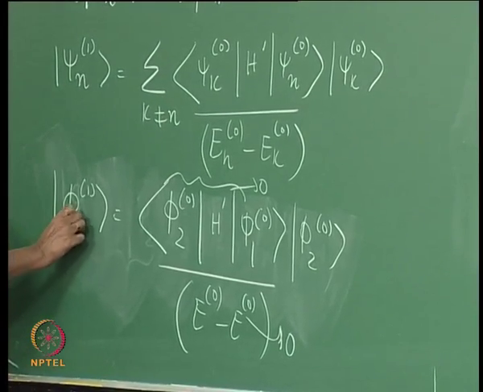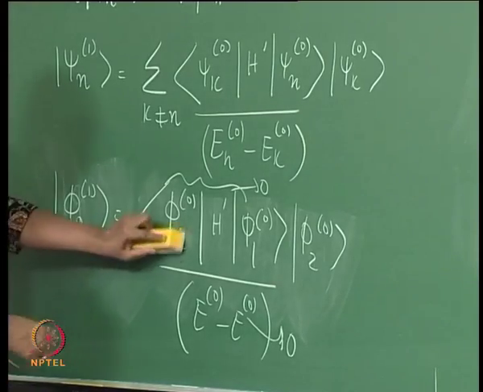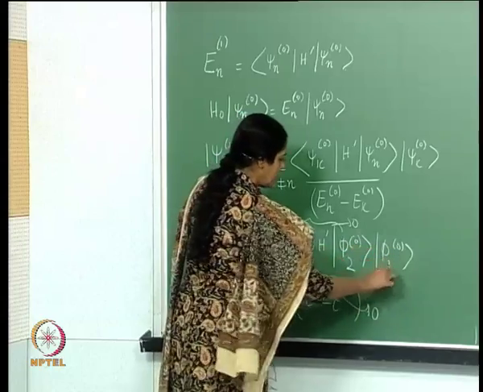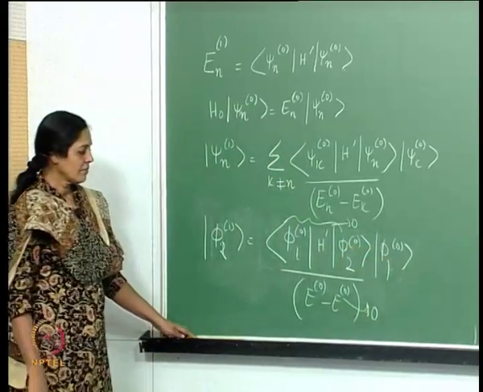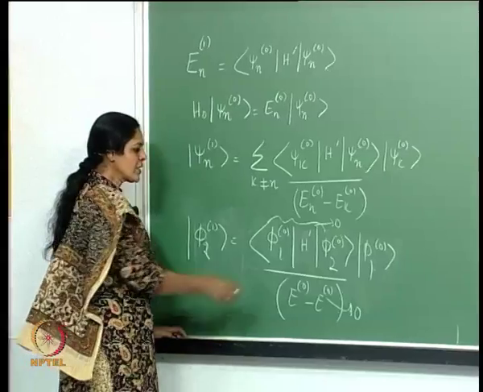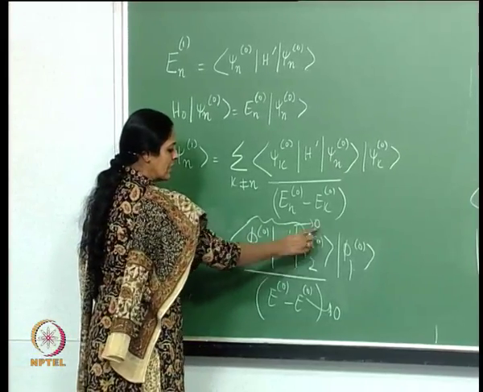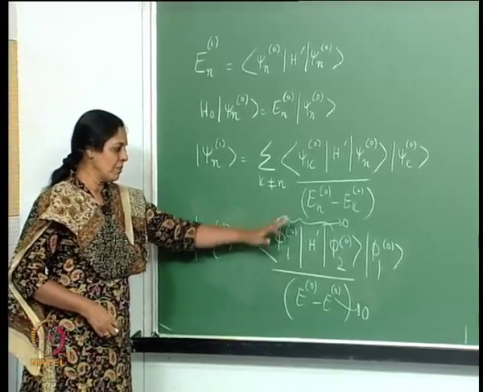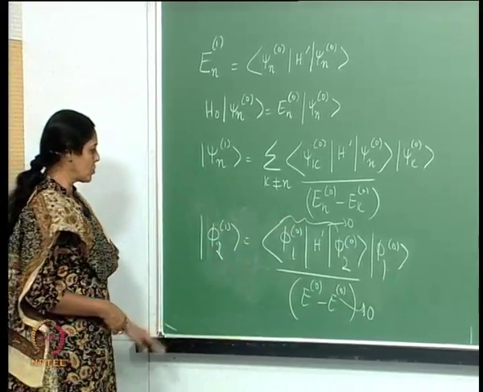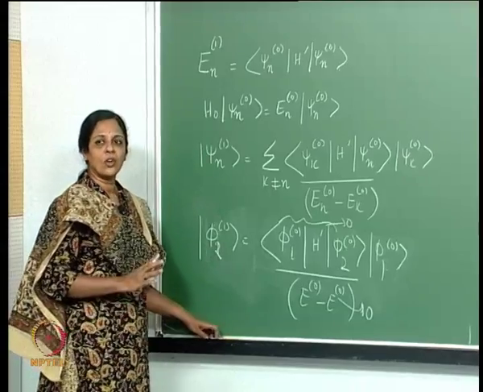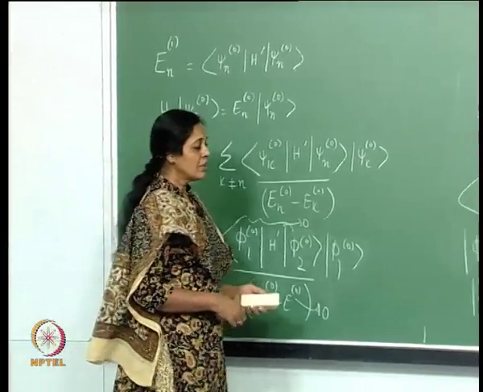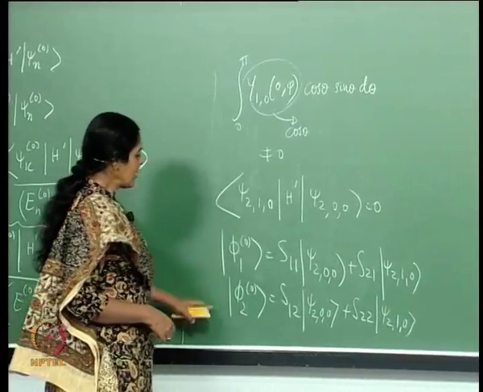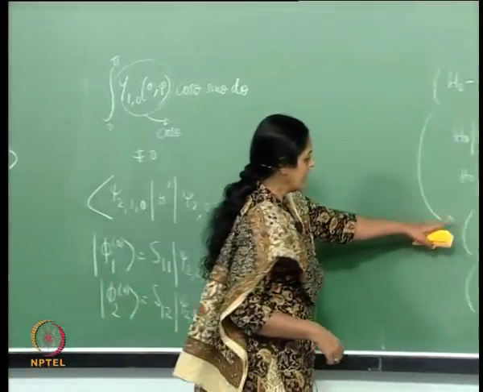Similarly, if I look at phi 2 1, I would have a phi 1 0 here, a phi 2 0 there, and a phi 1 0 here. So essentially, one has this requirement that this matrix element becomes 0 because the denominator blows up, and I would expect the numerator also to go to 0 in order to extract a non-zero finite contribution to the wave function in the first order. So let me look at these equations.